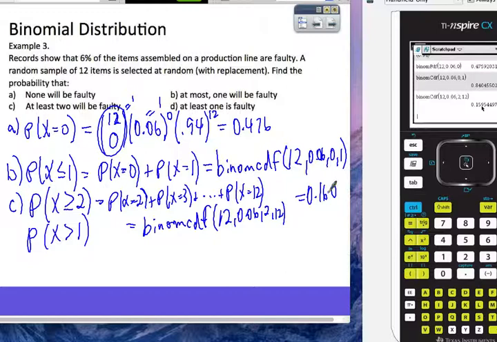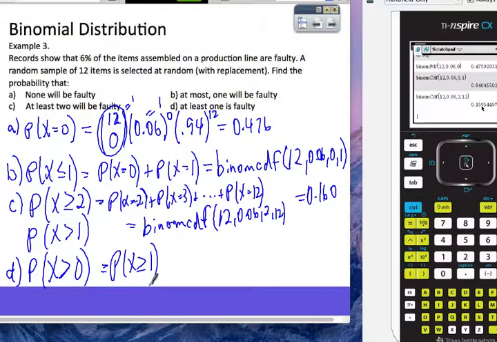And then the last one, very commonly asked question on IB exams, for at least 1 faulty. So at least 1, always think of at least 1 as the opposite of none, all right? So we want the probability of x greater than 0, and this can also be written as x greater than or equal to 1.